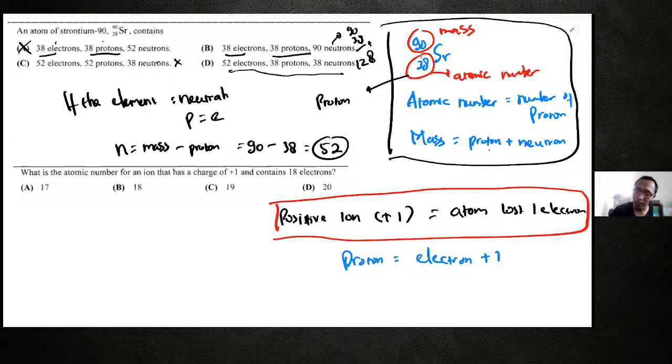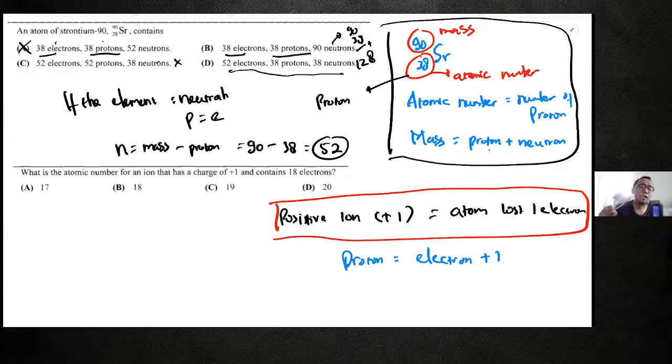For example, if we have 10 electrons and it lost one electron, it ends up with 9 electrons. So how many protons? It should still be 10. Like I mentioned, if the atom is neutral, the proton and electron should be the same.